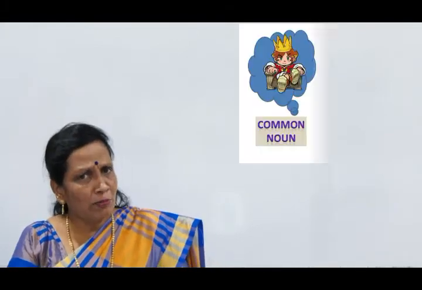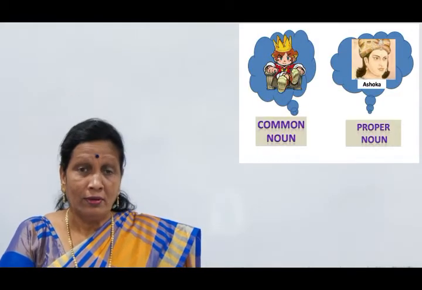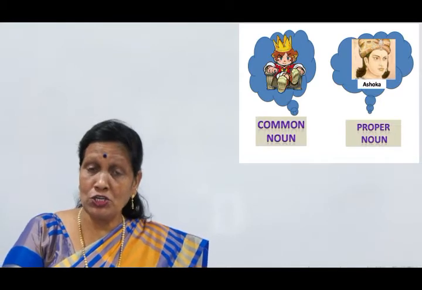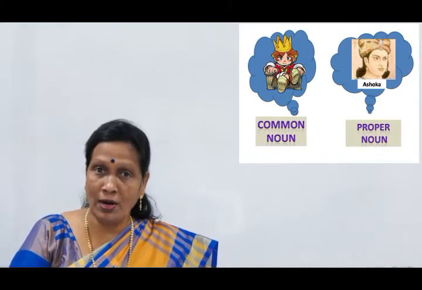Now look at the next picture, children. Here we see the picture of King Ashoka. Now we know the name of this king, and we are talking about a particular king. So, this is known as a proper noun.